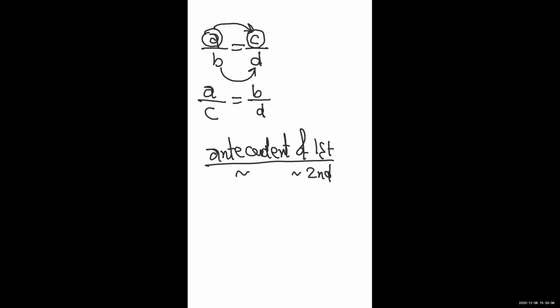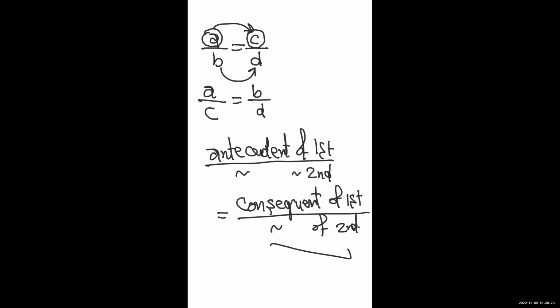So this means the antecedent of the first over the antecedent of the second equals b over d, the consequent of the first over the consequent of the second. Okay?